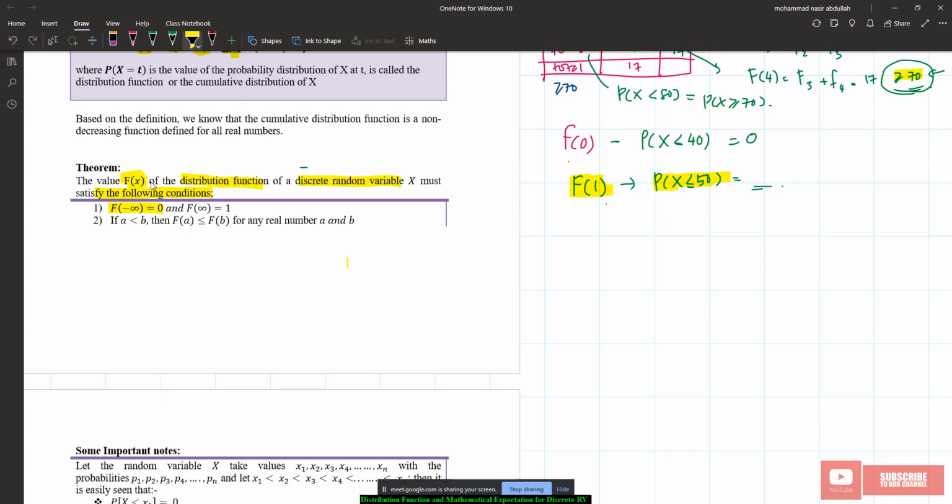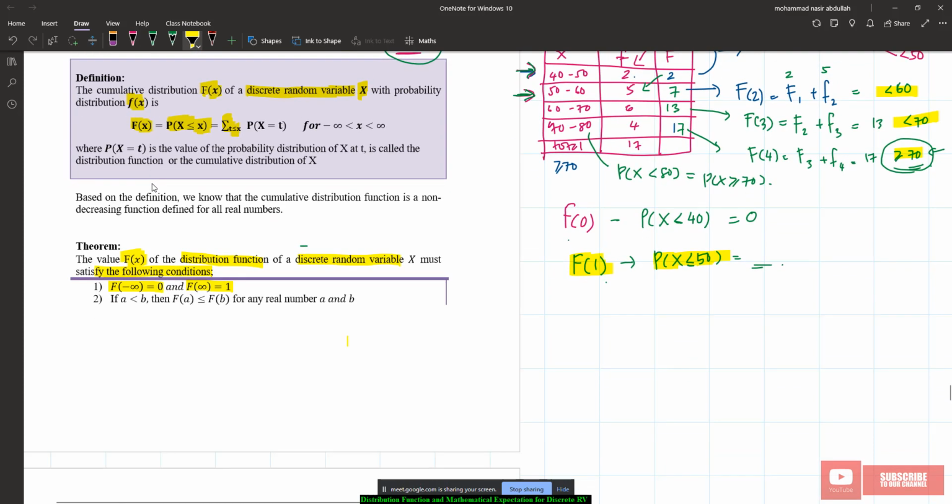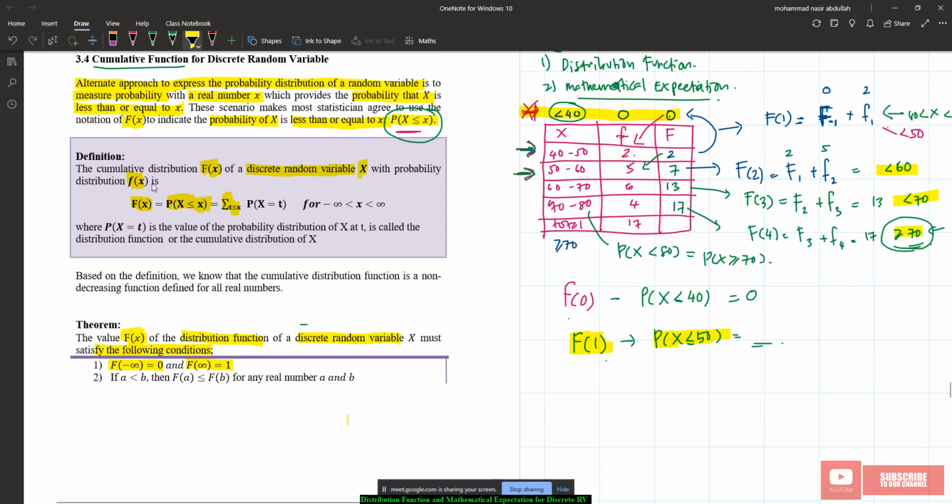Means the lowest cumulative distribution function value should always equal to 0, and the largest cumulative distribution function value should always equal to 1. Nampak tak macam tadi saya cakap tadi? It's starting from 0 until 1.